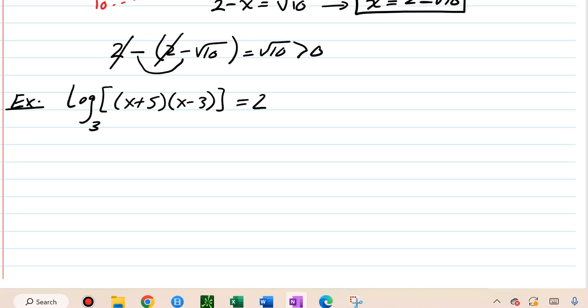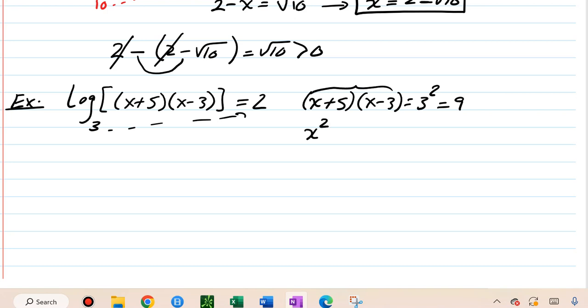The rewrite would be x plus 5 times x minus 3 is equal to 3 squared, which is 9. Then I'm going to FOIL on the left side. We get x squared. The OI combination gives me 2x, and the L, which is the product of 5 by negative 3, is going to make it negative 15.